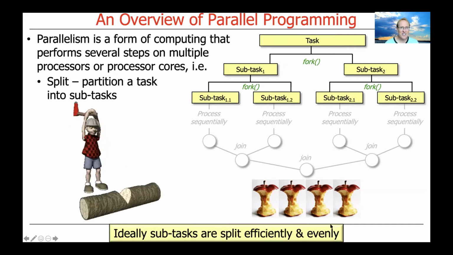Ideally, the subtasks split from the big task are split evenly and split efficiently. So this works particularly well when you have things like fixed-sized data structures implemented as arrays or array lists, because they split very easily and quickly, and they split very evenly. So those are good things to have as your task elements.